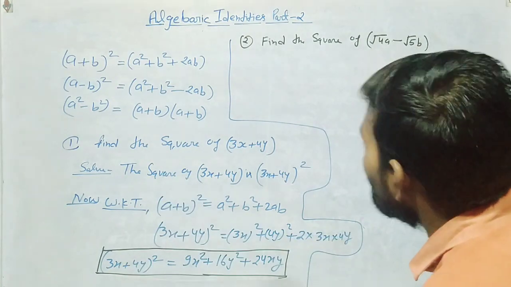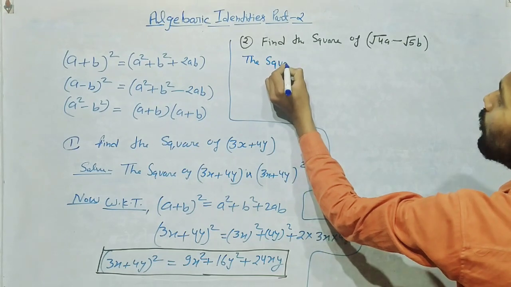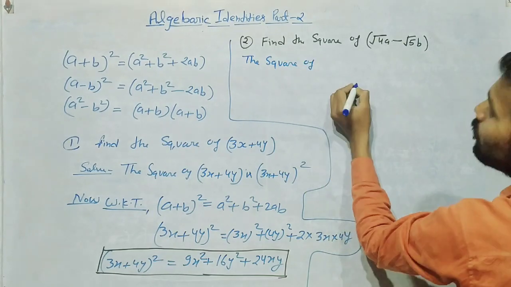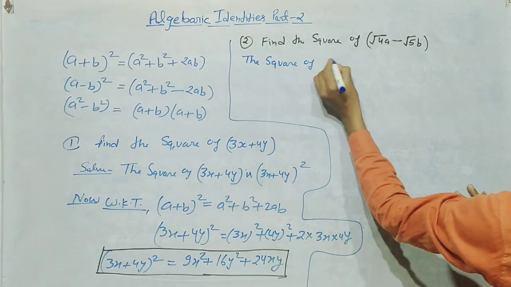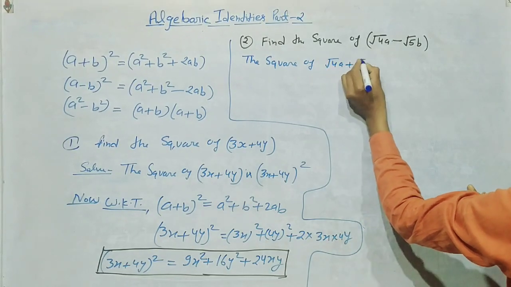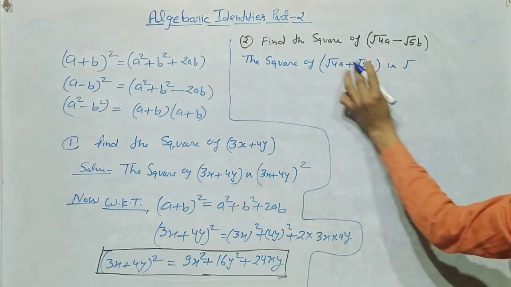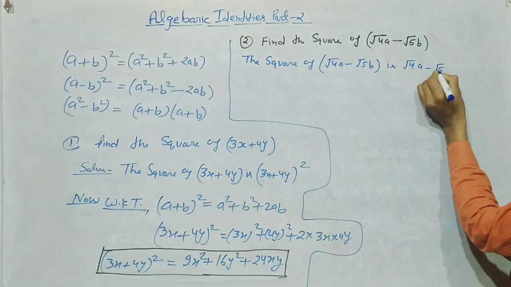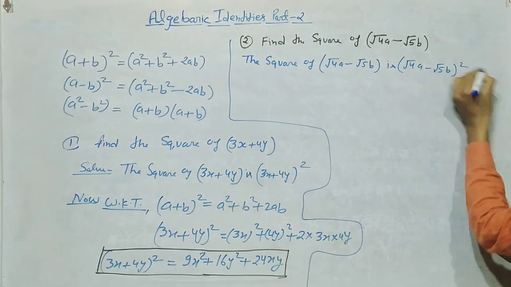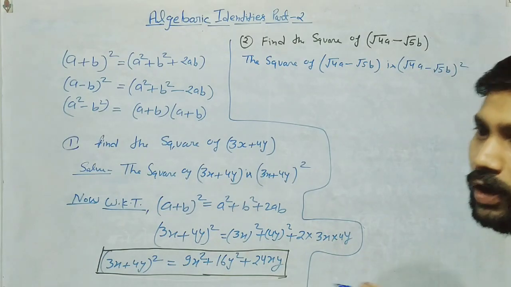Like this, we can write the square of under root 4a minus under root 5b whole square. Square means power 2.